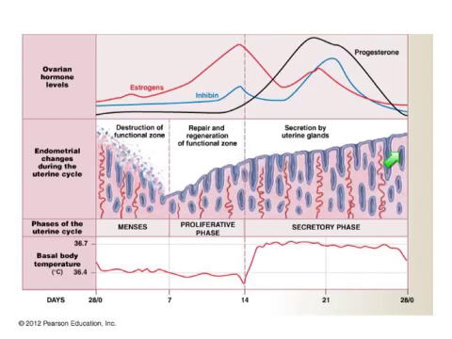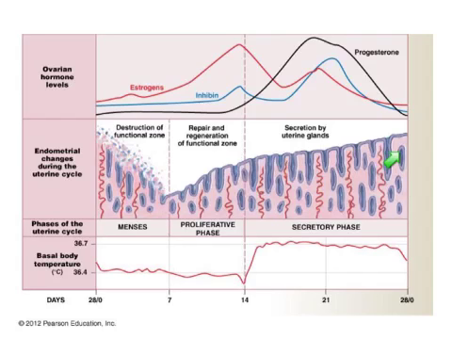These changes also correspond to body temperature, and sometimes in the process of trying to become pregnant, women will monitor their body temperature to figure out when they're ovulating, to figure out when the best time to get inseminated is.